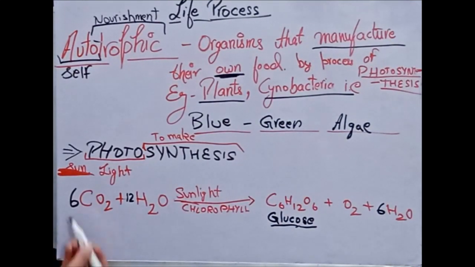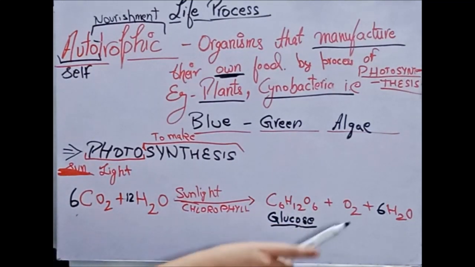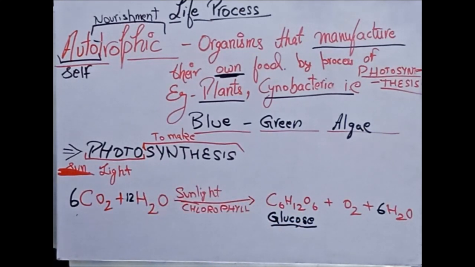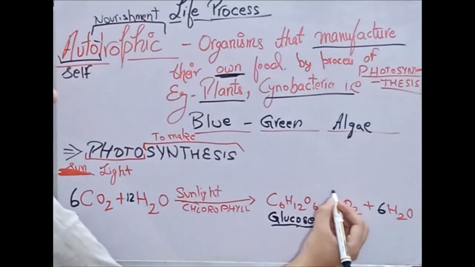Let me check. 6 to 12, 12, 24. 6, 6, 12. I don't see it balanced yet. Let me check. What I can do is balance this 6 as well.